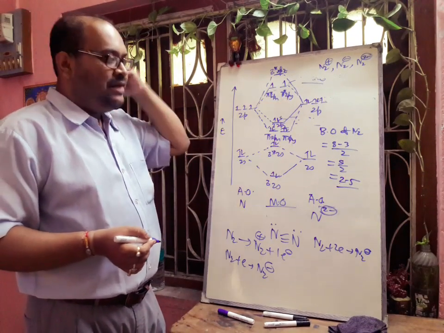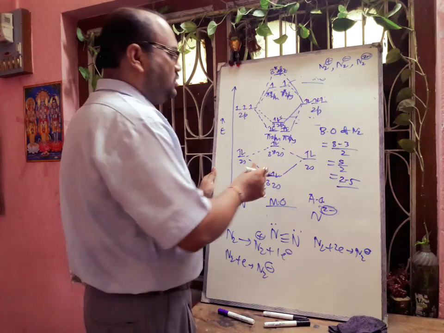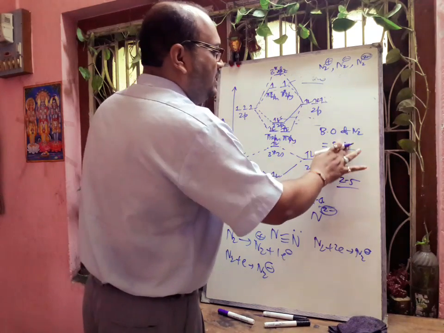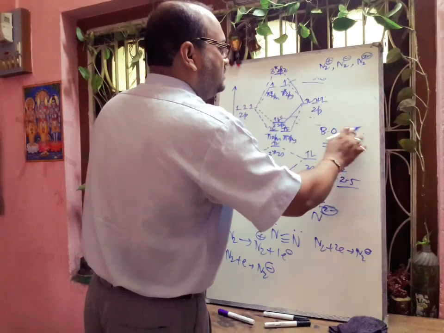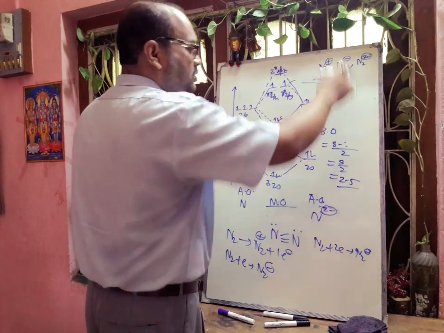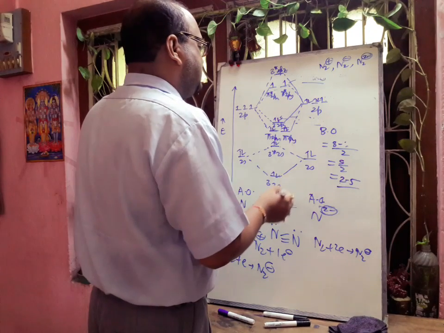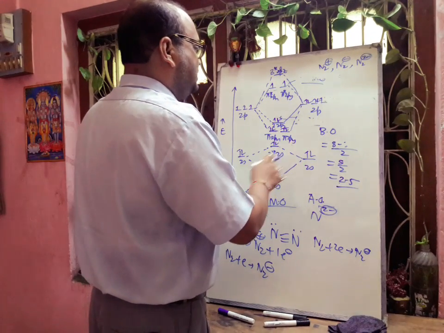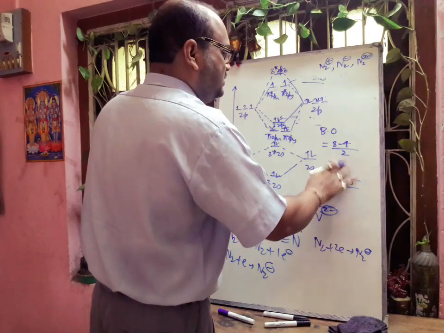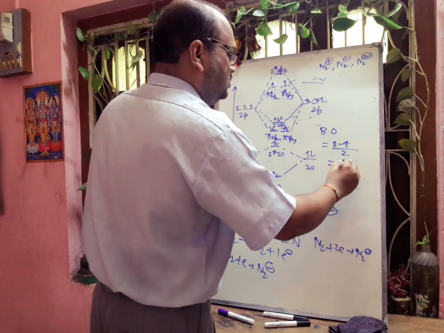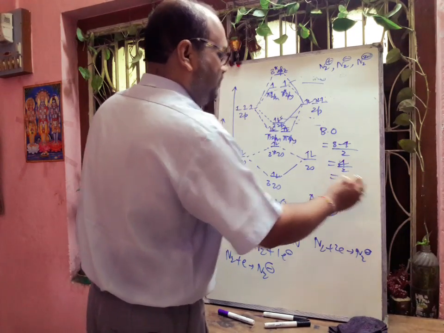Next, the bond order will decrease. The total bonding electrons will be 8, so we calculate the bond order as 8 minus 4, that means 4 by 2. So the bond order will be 2.